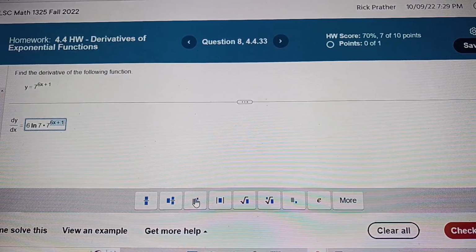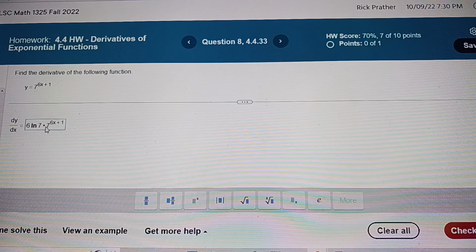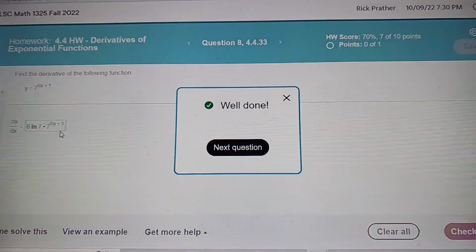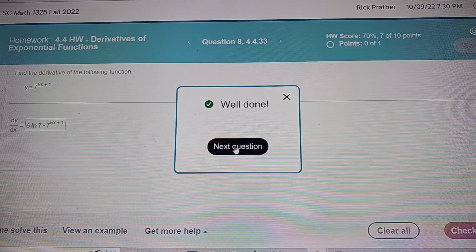There's a lot of unwritten rules of math too that if you aren't familiar with them, you might do something that's considered like violating an unwritten rule, kind of like in baseball, where people get upset about certain things that aren't actually in the rules. 6 ln of 7 times 7 to the 6x plus 1. And notice the original is in the answer as always. The original is always in the answer somewhere whenever you're doing exponentials.